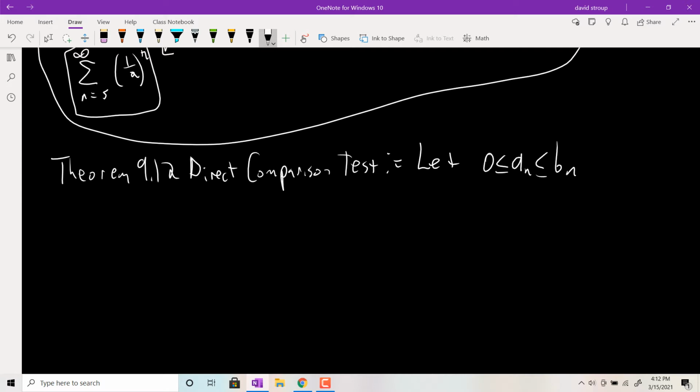For this test to work, it just has to be that way, and you'll see it when we go through the proof. Okay, so not only that they're positive, so they're not equal to 0, but also that there's this inequality that holds eventually. Okay, so for all n eventually.